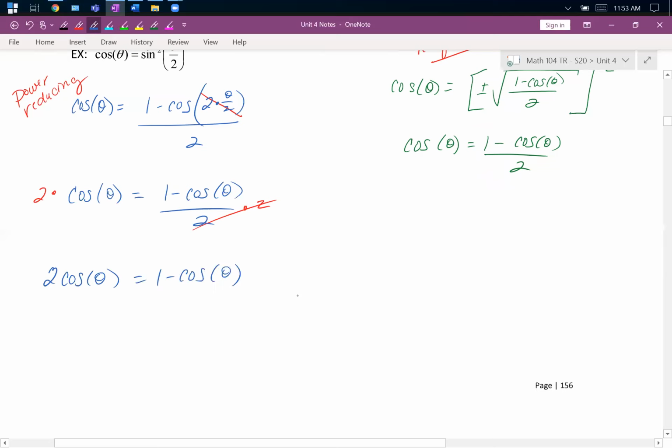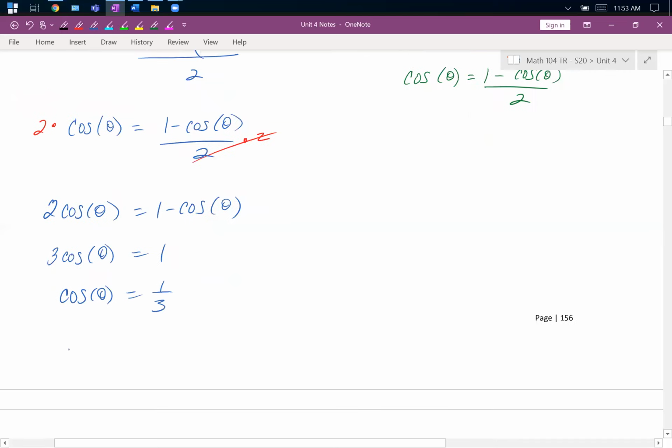Continuing to get all my cosines together, I'm going to add cosine theta to both sides. It's going to give us 3 cosine theta is equal to 1. Now that I have all my cosines together, I'm going to isolate that cosine by dividing both sides by 3. Cosine of theta is equal to 1/3. It follows then that theta is going to be equal to cosine inverse of 1/3.